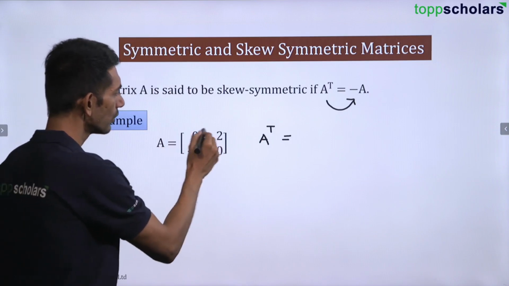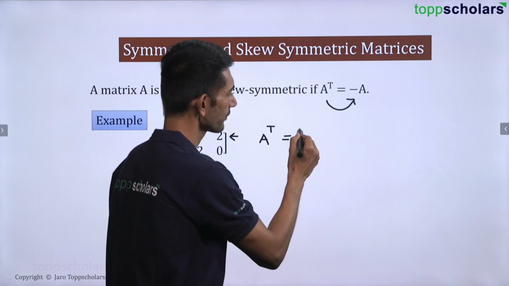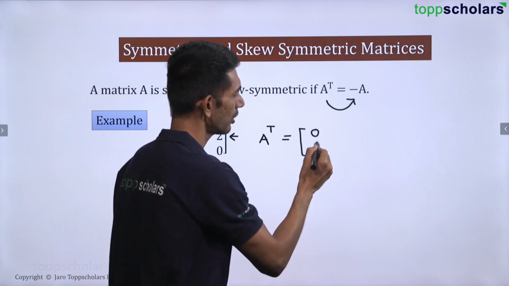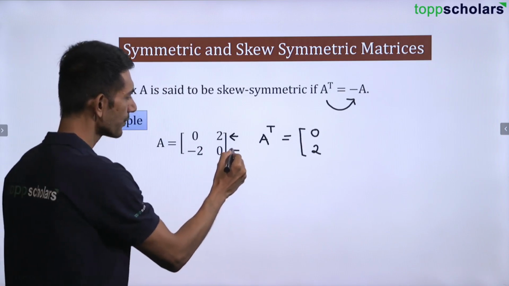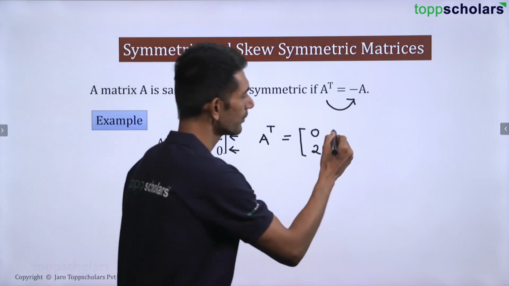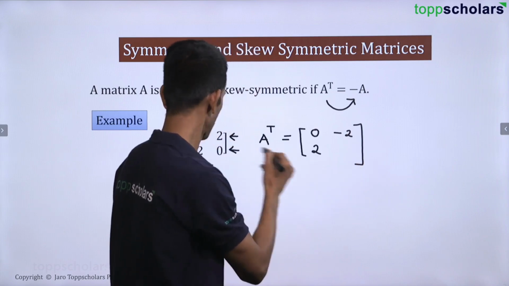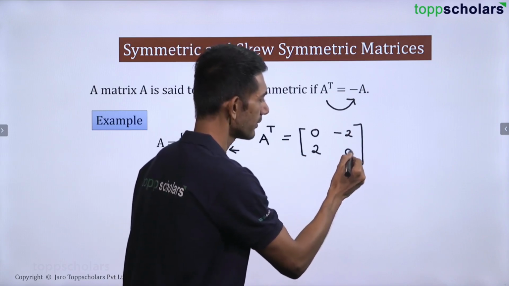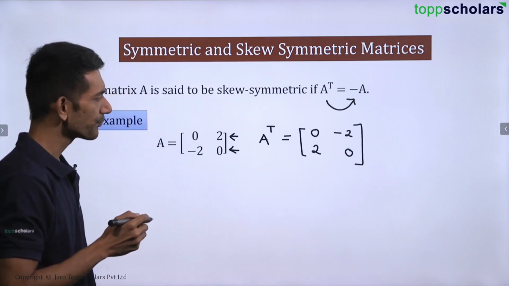First row will become first column, right? So 0, 2. That will become first column, that is 0 and 2. And second row will become second column, that is -2 and 0.